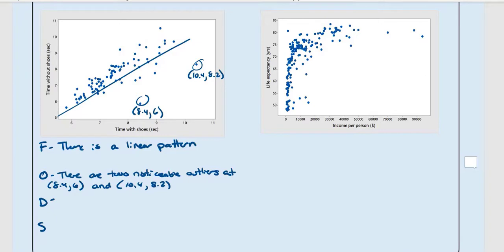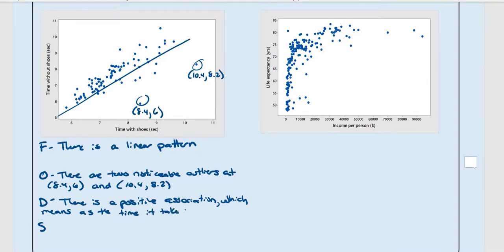Now we have direction, which depends on whether it's positive or negative, and I would say that this is definitely a positive association, which means as the time it takes to run 40 meters with shoes increases, the time to run without shoes also increases.